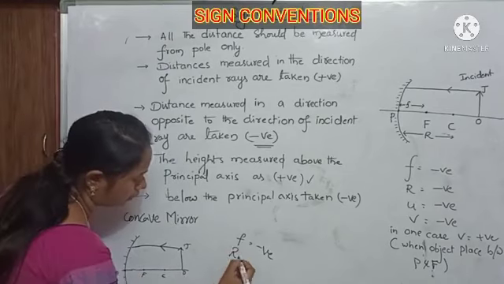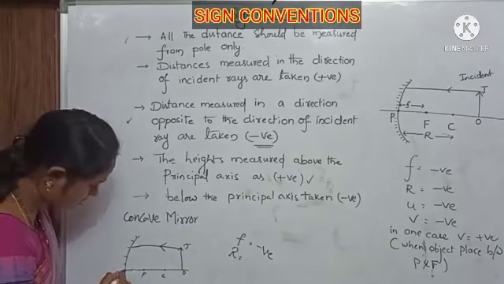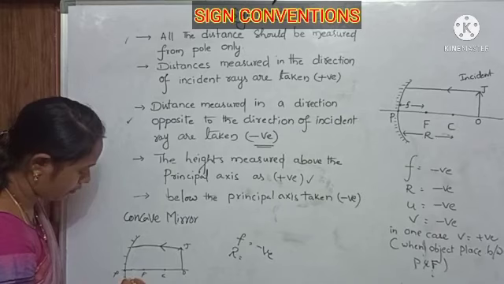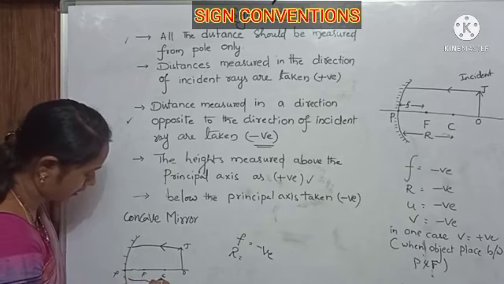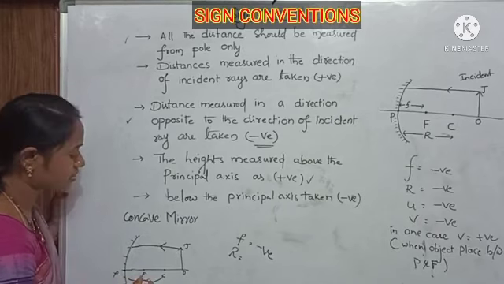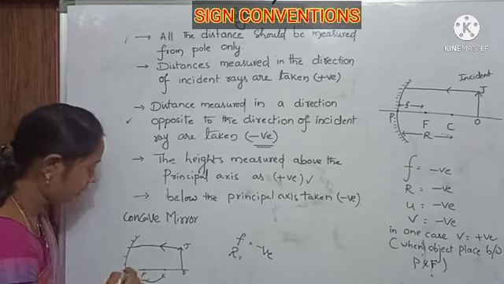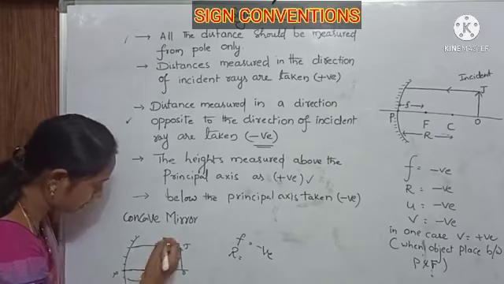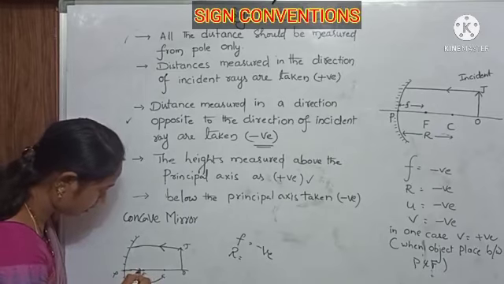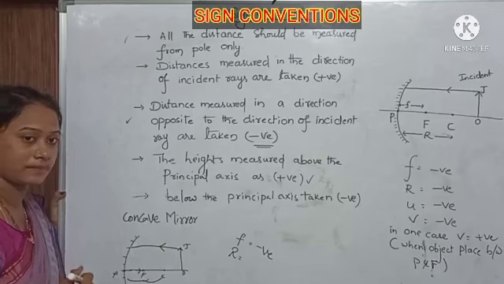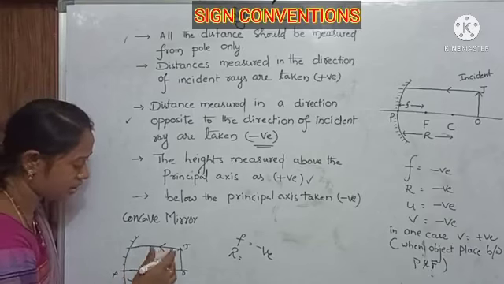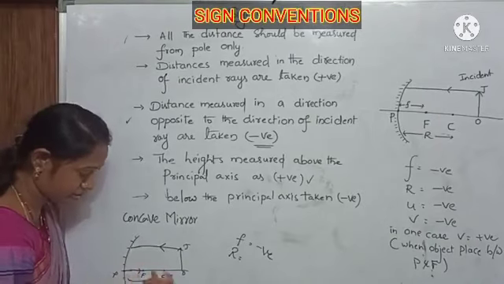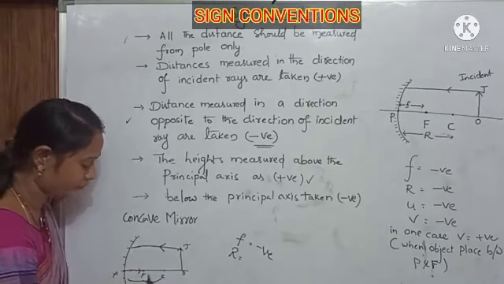Next, the radius of curvature. It is the distance between P and C, the pole and the center of curvature. The measurement is taken opposite to the incident ray. The incident ray goes towards the reflecting surface, and the measurement we are taking is away from the reflecting surface.